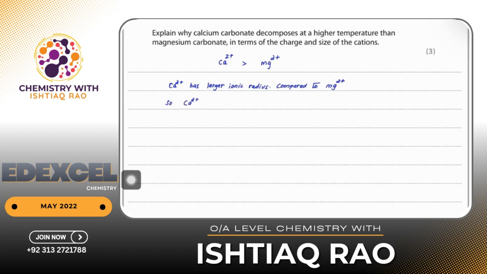So calcium 2 plus has less polarization power to distort carbonate ions.